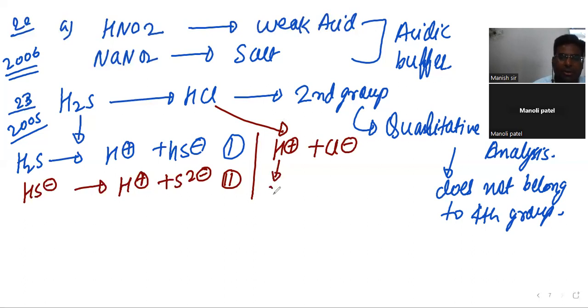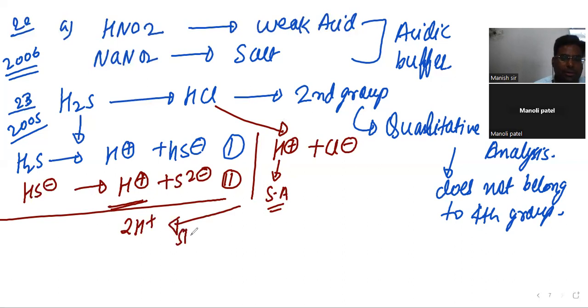And this is a strong acid, giving H plus ion concentration. So this ionization of H2S is suppressed due to the presence of extra H plus. The extra concentration of H plus will shift the equilibrium of H2S towards the left due to the common ion effect.